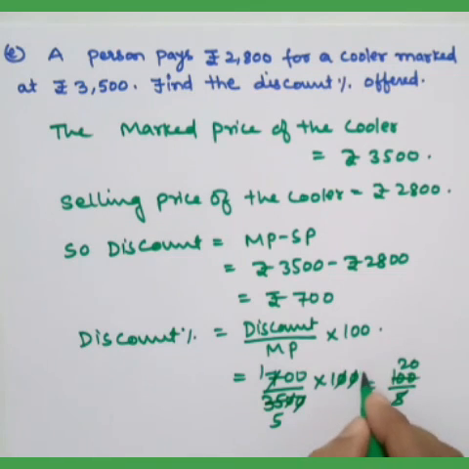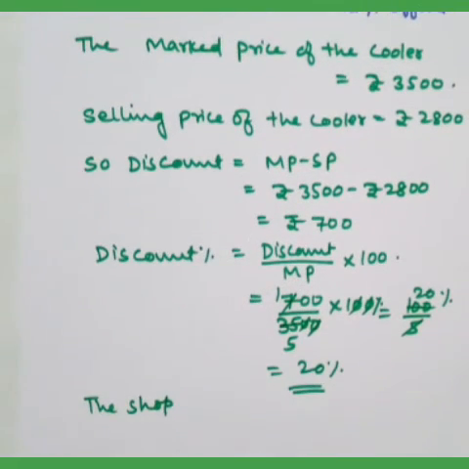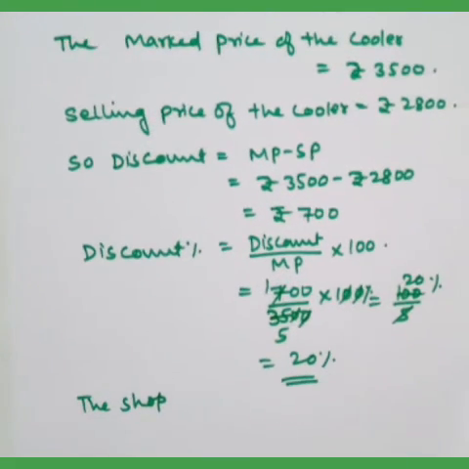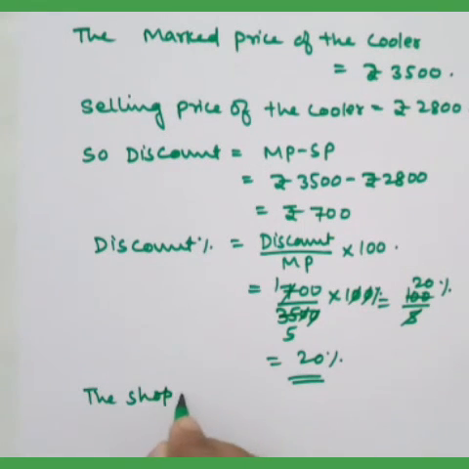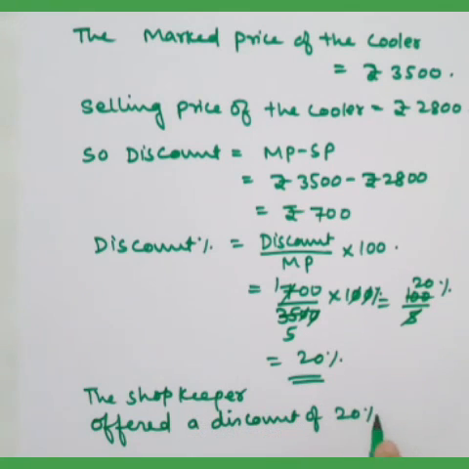So your discount percent is 20%. Okay. So the shopkeeper offered a discount of 20%.